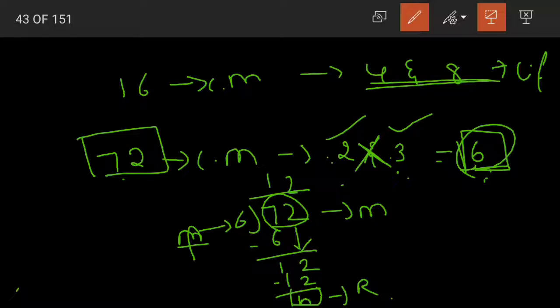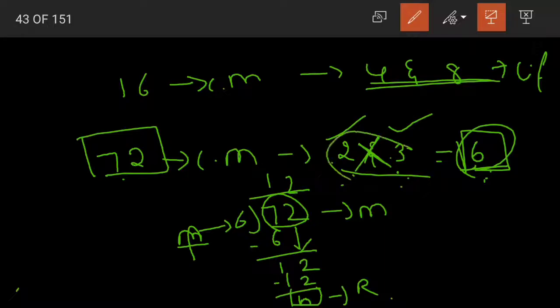Okay, if the given numbers have no common factors, like here 2 and 3 have no common factors other than 1. Okay, other than 1. So 1 is a common factor. Any two numbers you take, 1 will always be the common factor. Okay, so that is why we are saying no common factors other than 1.